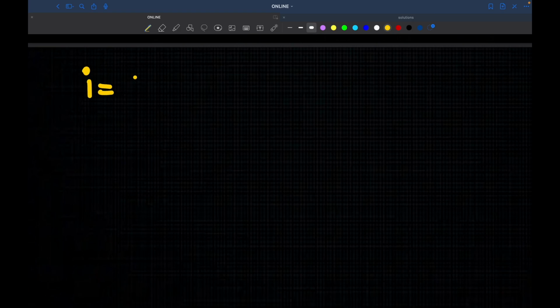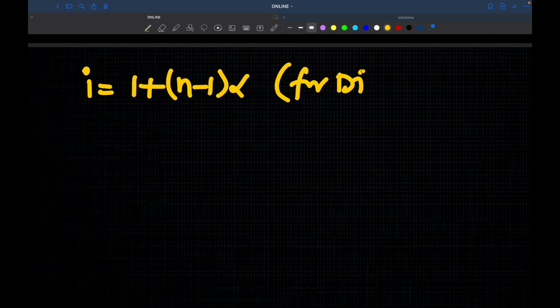So I equal to 1 plus n minus 1 alpha. This is for dissociation.